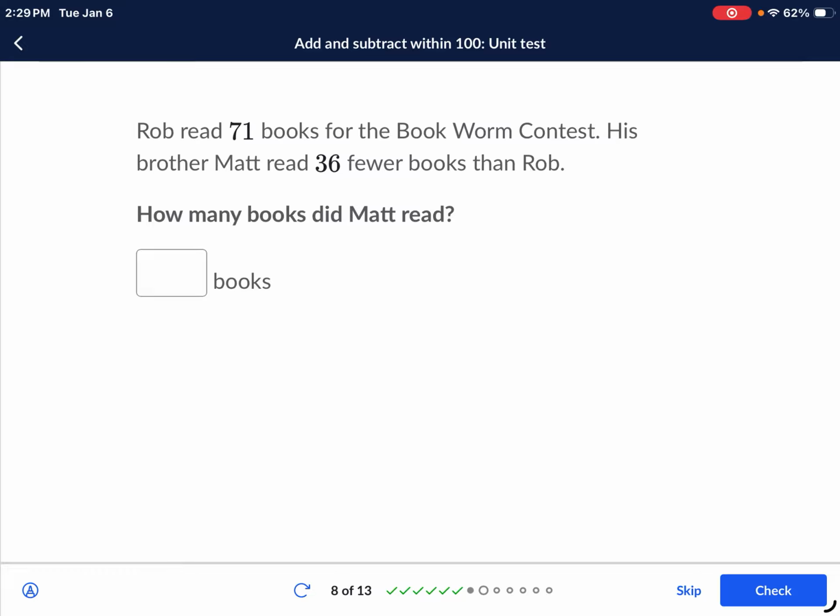So we all know 70 minus 30 equals 40, and then 1 minus 6, you can't do that. So let's say it's 71 minus 36, then we go on to the answer being in the 30s, right?